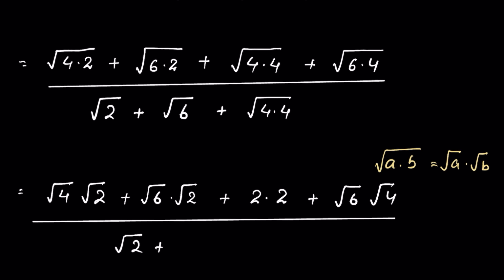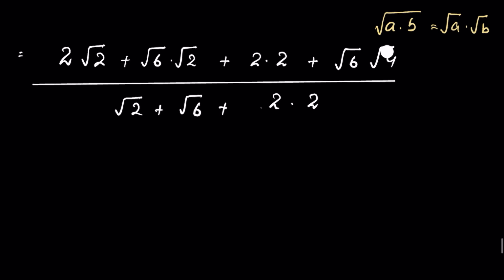square root of 2 plus square root of 6 plus, here again we can write square root of 4 times square root of 4. Square root of 4 is 2, so we can write here 2 times 2. Here also we can write square root of 4 as 2 and this square root of 4 also as 2.